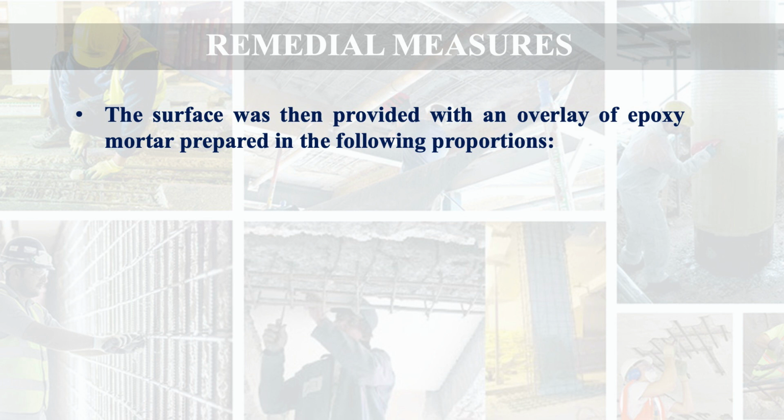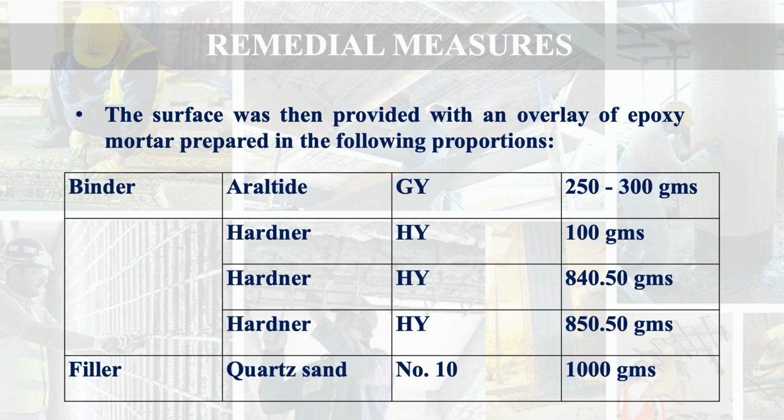The surface was then provided with an overlay of epoxy mortar prepared in the following proportions. What were taken? Binder was taken as Araldite GY, amount was 250 to 300 grams.